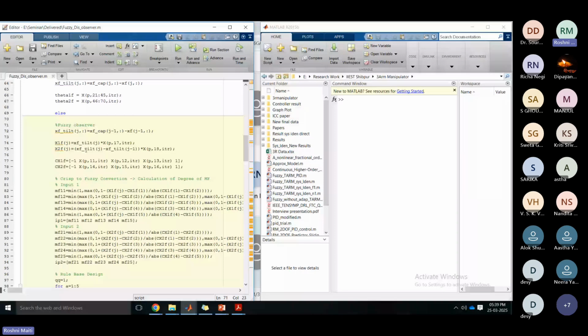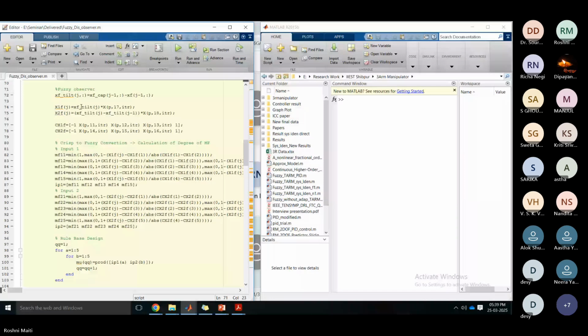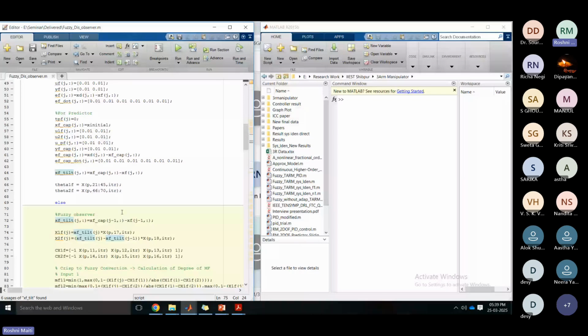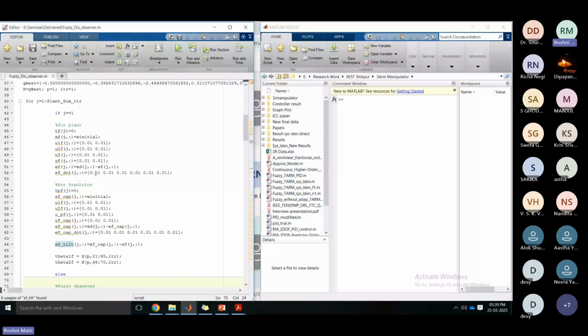Ultimately, this is a twin rotor MIMO system. Here we will have 6 states, as I have already told. So in initialization we can see 6 values we have given for initialization.